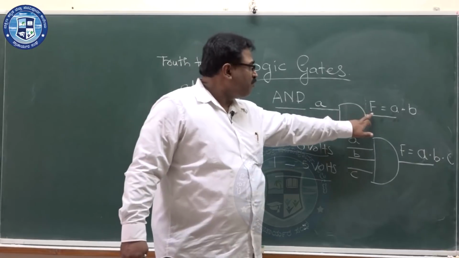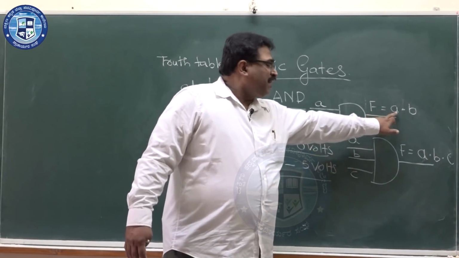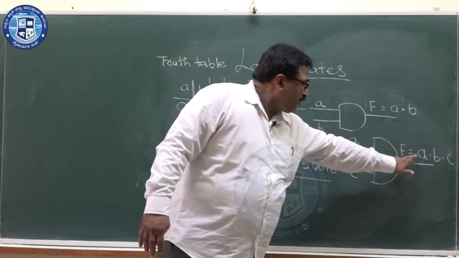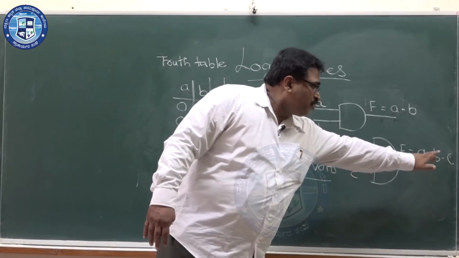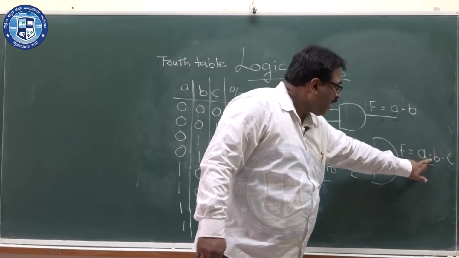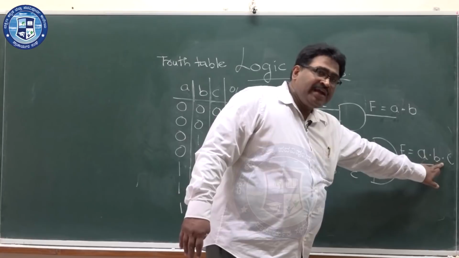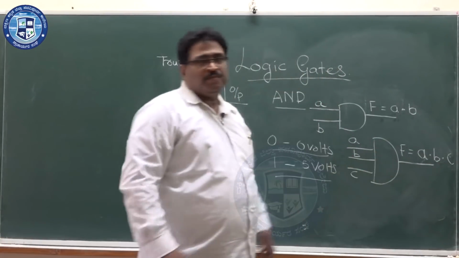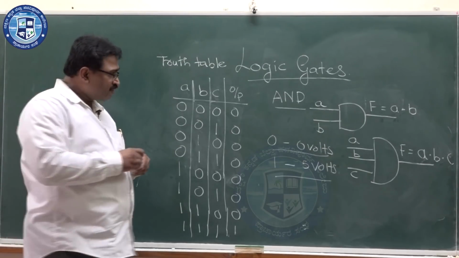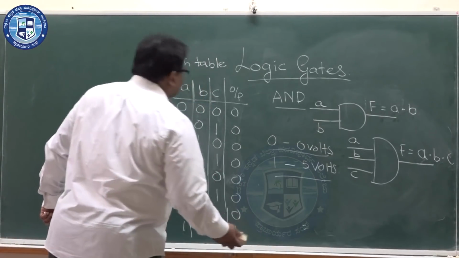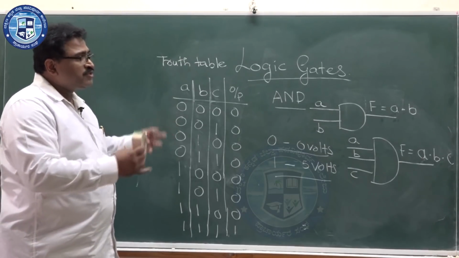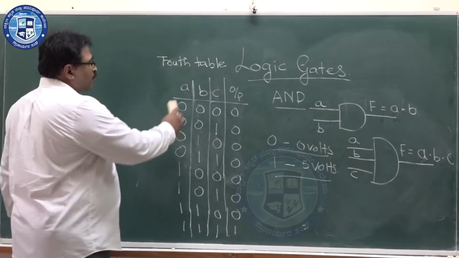The output expression will be F is equal to A dot B dot C. It means it is A and B and C. That is what it means. Now we will go to the next gate, that is OR gate. And I am not going to mention 3 inputs over there, we will restrict ourselves to 2 inputs.